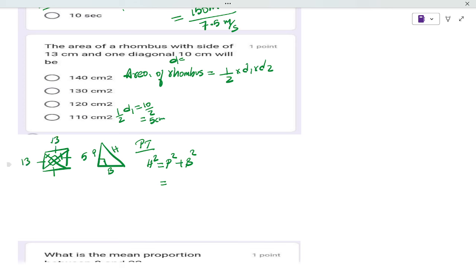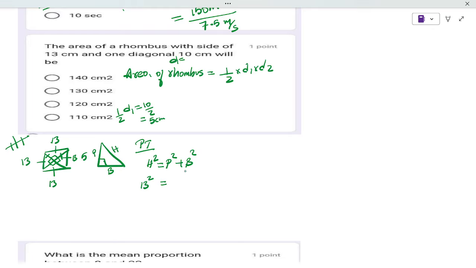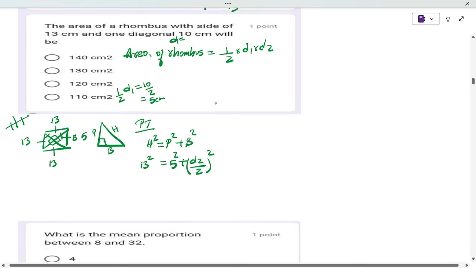So 13 square equals 5 square plus the other half diagonal, diagonal 2 by 2, whole square, because the diagonals bisect each other, meaning this side and this side are equal.